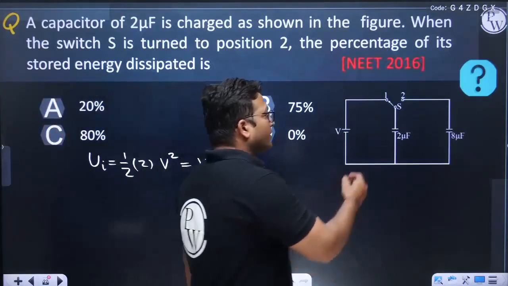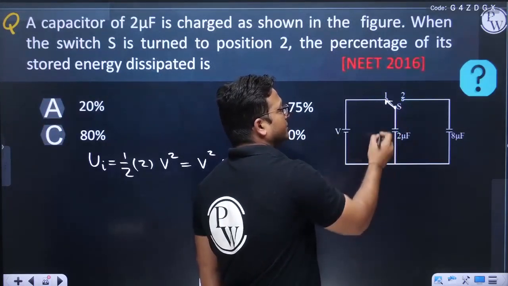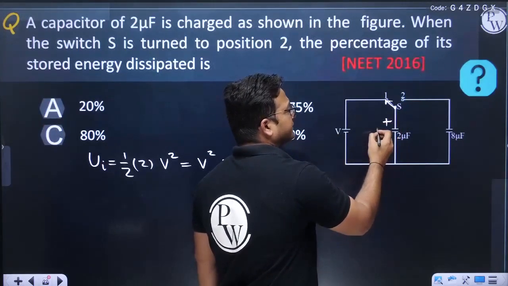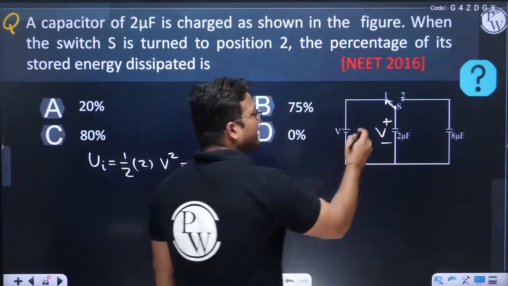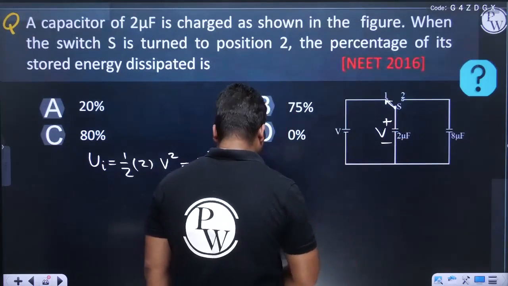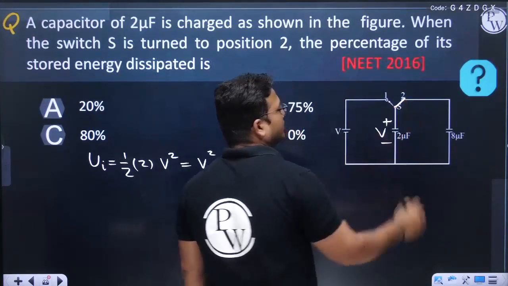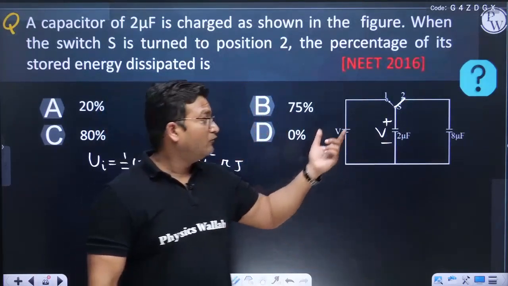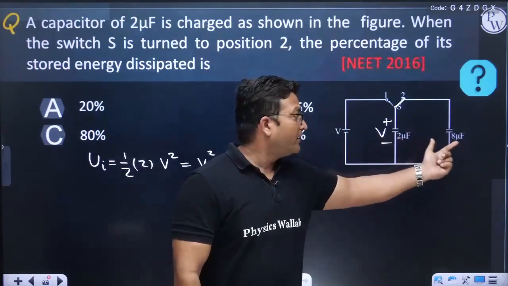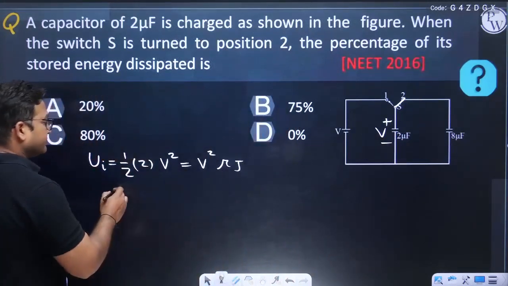When the switch is on position 1, the potential difference across this capacitor is V. But when the switch is shifted to position 2, here we have connected one charged capacitor and one uncharged capacitor. Let us directly write what is the heat loss.